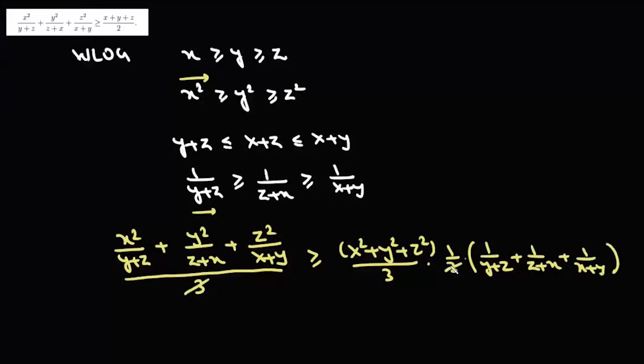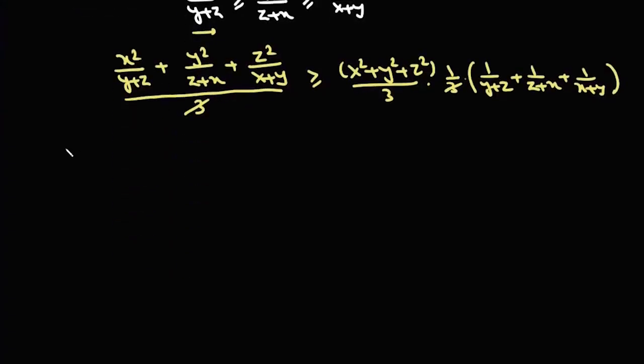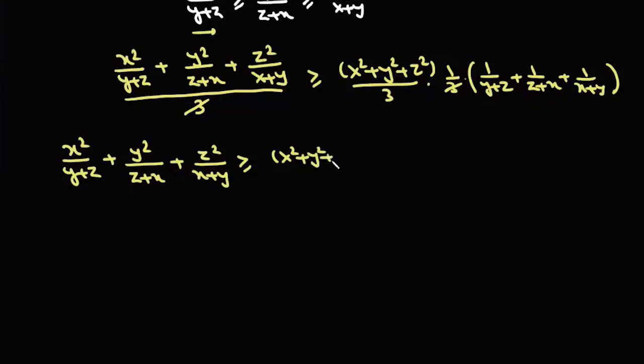Now this 3 and 3 will cancel. From here we can write x² upon (y + z) plus y² upon (z + x) plus z² upon (x + y) will be greater than or equal to (x² + y² + z²), and this is 1 by 3, and here we have 1 upon (y + z) plus 1 upon (z + x) plus 1 upon (x + y).